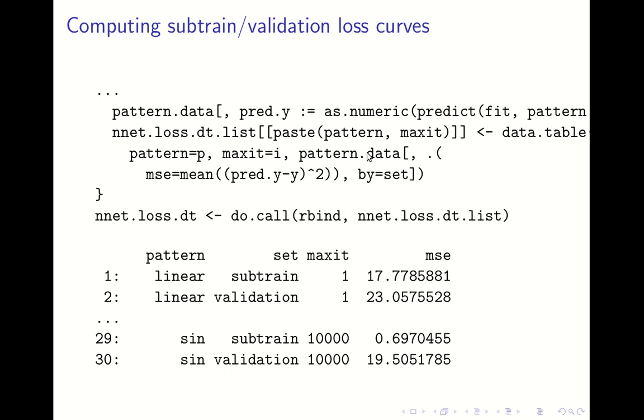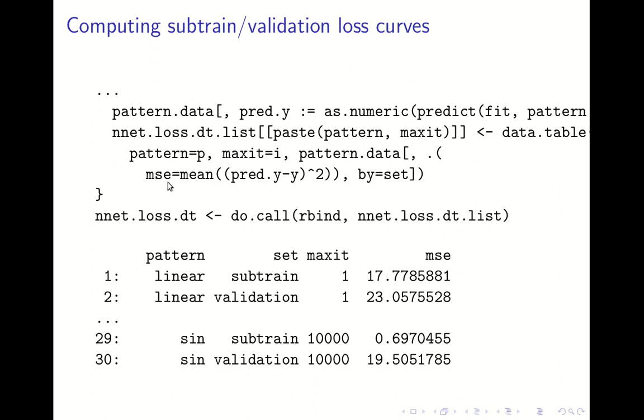this is syntax for doing a summarization of the data. When I use the square brackets, comma, then dot parentheses notation, it means we're going to be computing something using the variables in that data table. Here what we want to compute is this new MSE column.